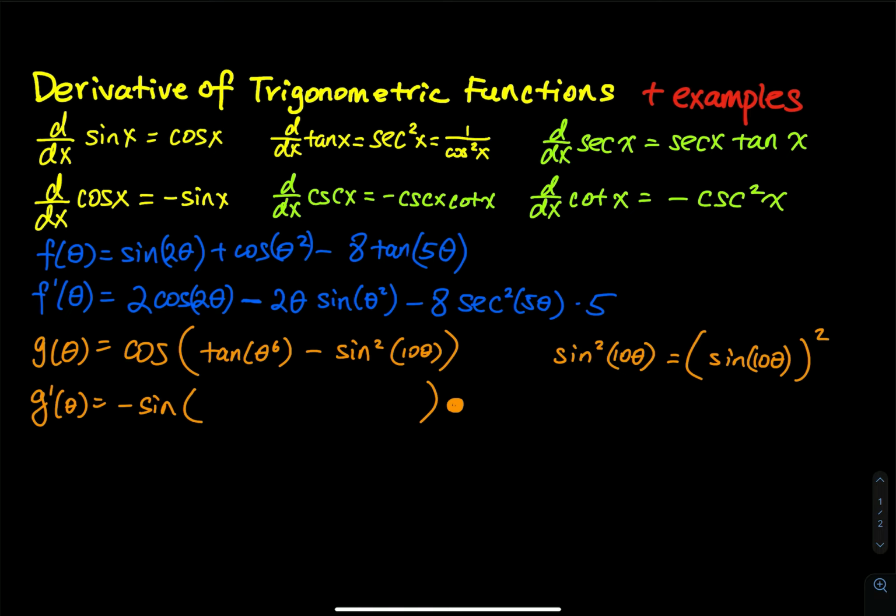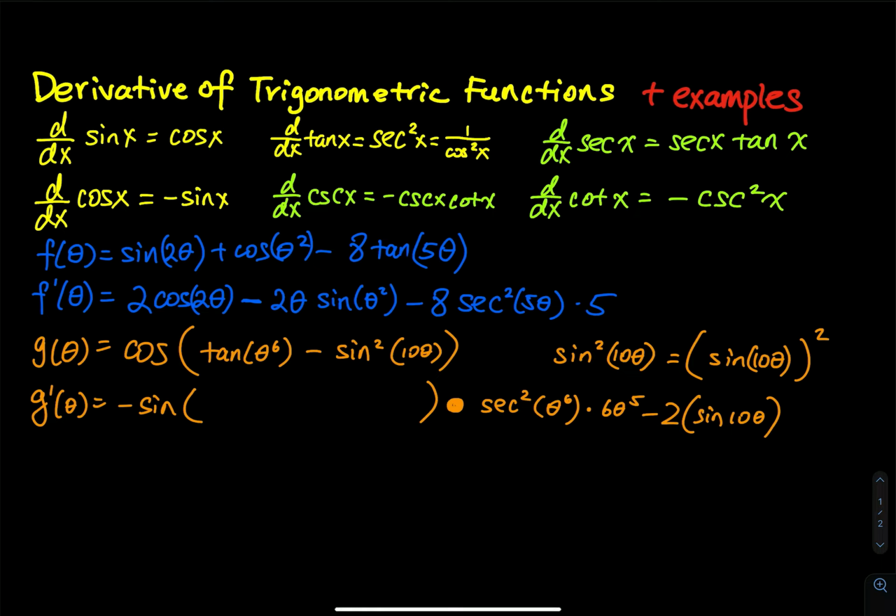So first of all, the derivative of tangent gives you secant squared. So you have secant squared of theta to the 6th power, and then of course you have to take the derivative of that as well, so you multiply 6 theta to the 5th. And then the derivative of sine squared: you bring the 2 down, so you have 2 sine of 10 theta.